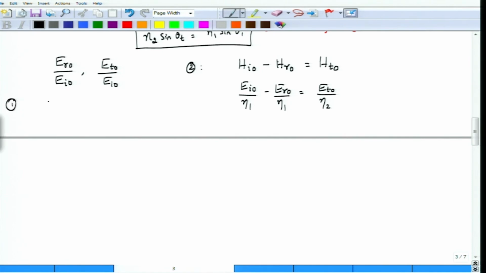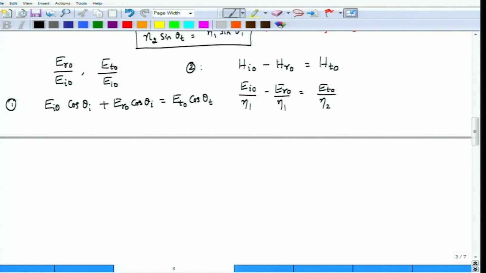What will happen to the boundary condition for the electric field? You have EI0 cos theta I plus ER0 cos theta R, but theta R is nothing but theta I, so we already know that one. This must be equal to ET0 cos theta T, right. So now I have these two equations.